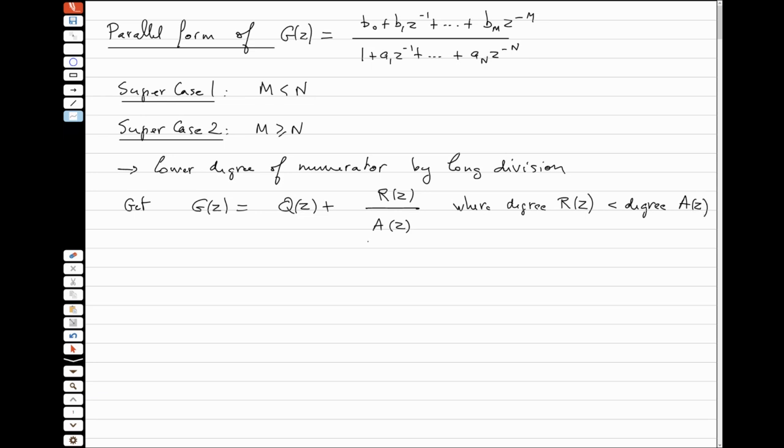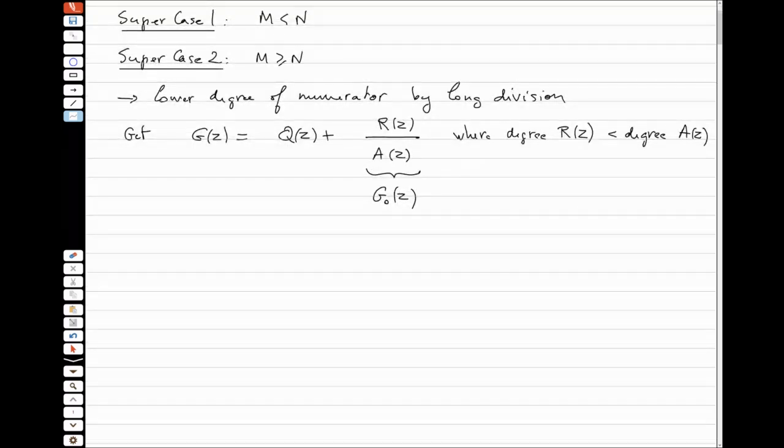We call this g naught of z. Therefore, if you take the inverse z transform of this, you have that g of n is q of n plus g naught of n.